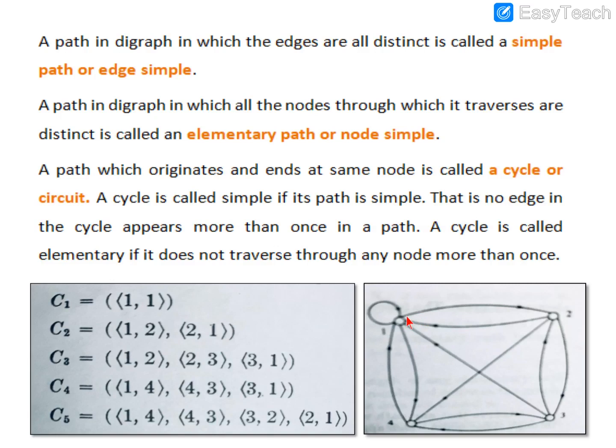It started at vertex 1 with this edge and ended at vertex 1 again with edge 2, 1. Similarly, cycle C3 starts with 1, 2, 2, 3 and again 3, 1. Here all the cycles start with 1 and end with vertex 1.